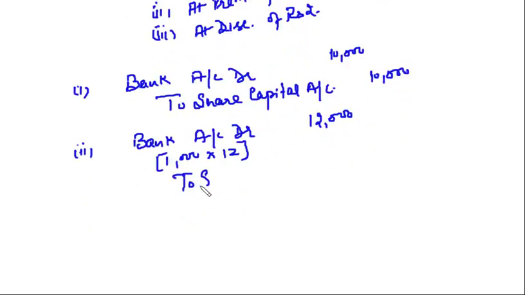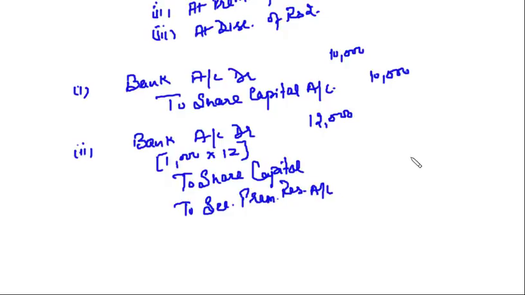You have to separate the part of capital and the part of securities premium reserve account. 10,000 is your capital and 2,000 is your securities premium reserve account. This is when you reissue the shares at premium, that is more than the face value. Clear?